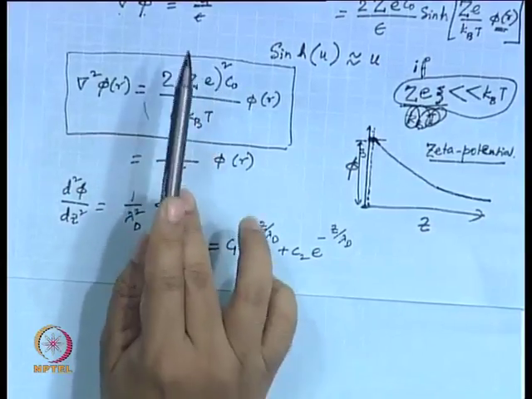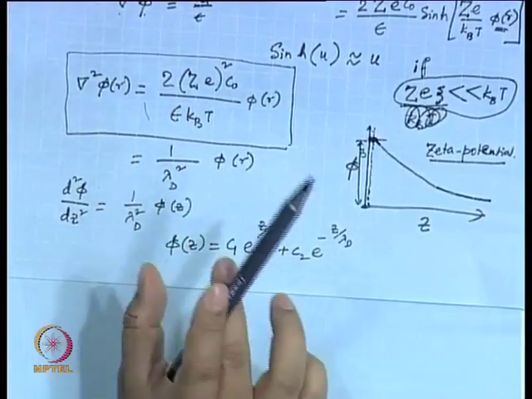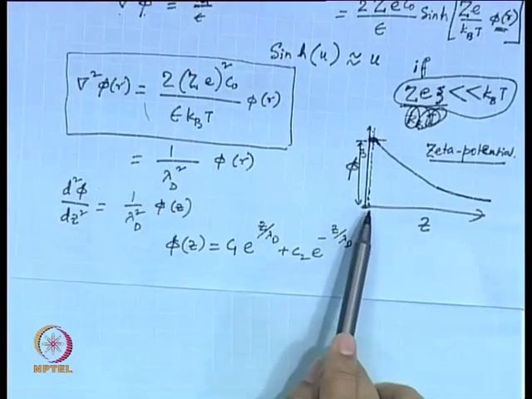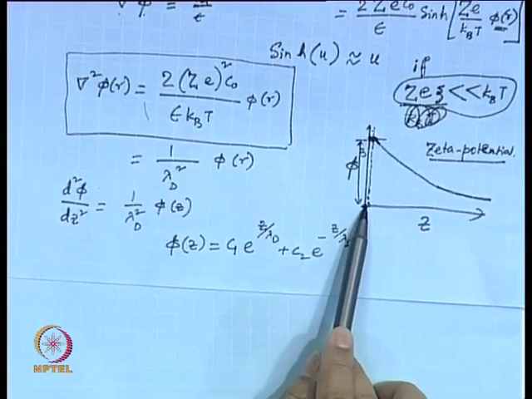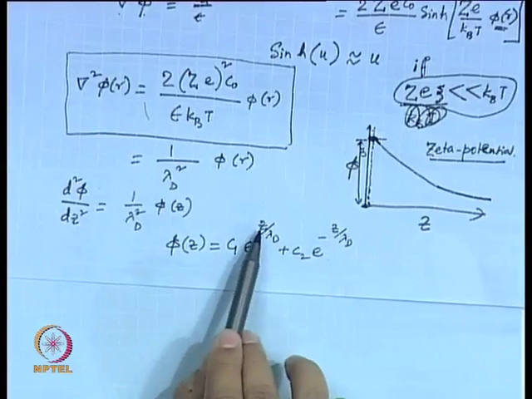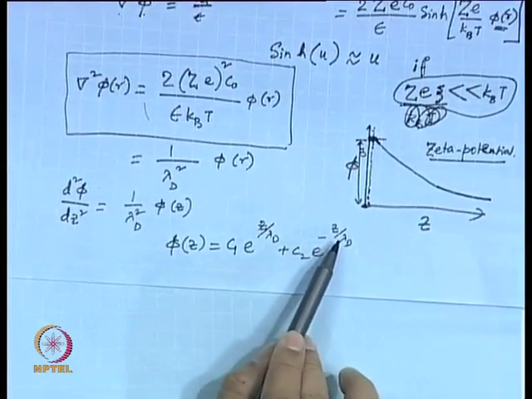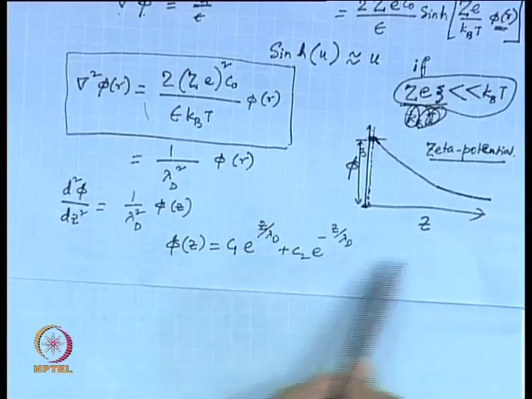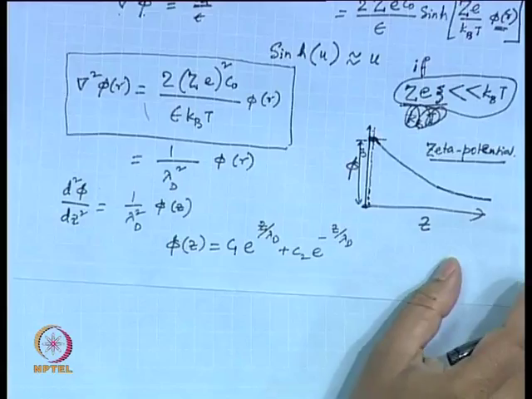That uppercase Z is the valency number, and the small z now is the distance away from the wall. Make note of it very carefully. This is the general solution for phi z, where small z is the distance from the wall.